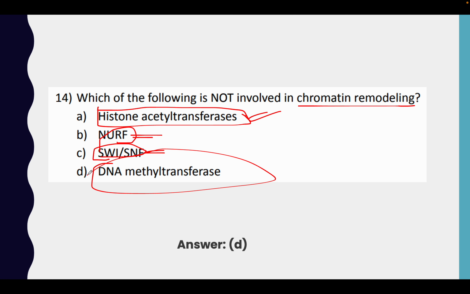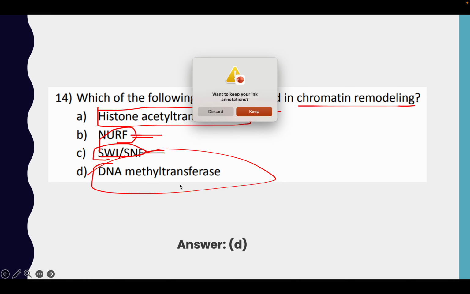Also, other chromatin remodeling mechanisms which are not in these options.